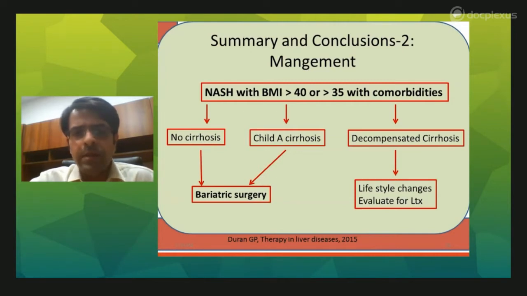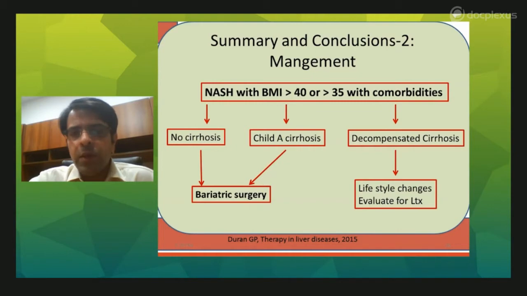The risk will be slightly higher, but carefully selected patients in large volume centers should do well. And in these patients, the cirrhosis would also be impacted by the weight loss achieved by bariatric surgery.